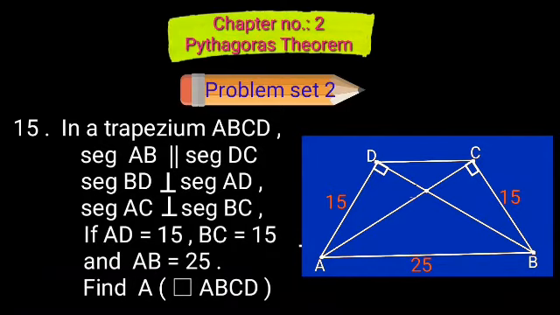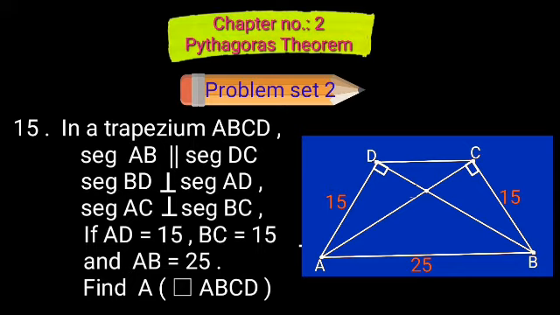Chapter number 2, Pythagoras theorem, problem set 2, example number 15. In a trapezium ABCD, segment AB is parallel to segment DC, segment BD is perpendicular to segment AD, segment AC is perpendicular to segment BC.